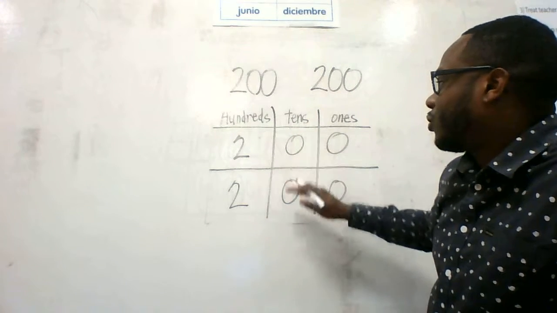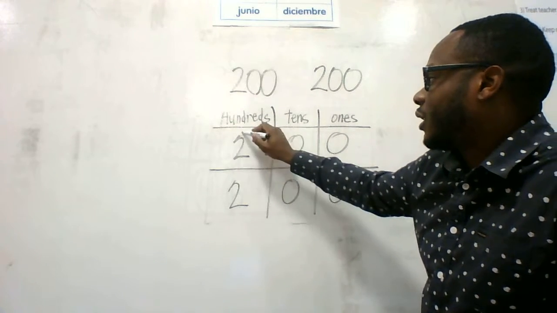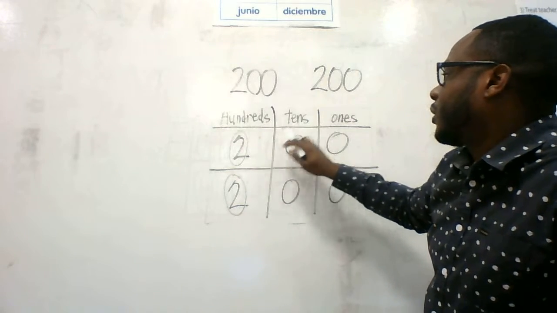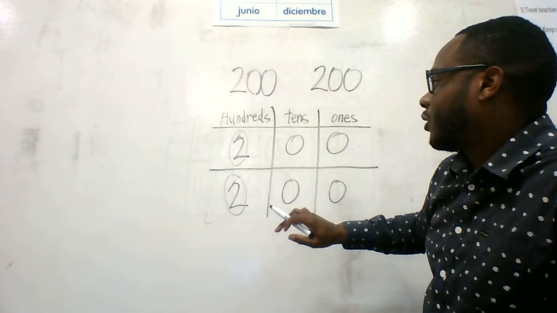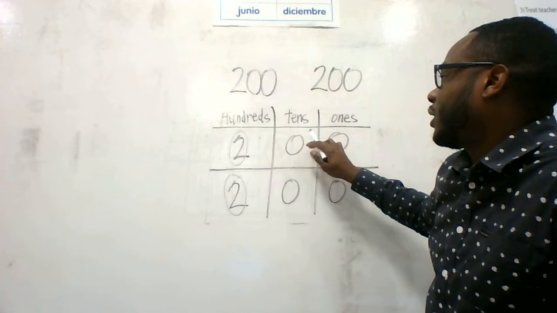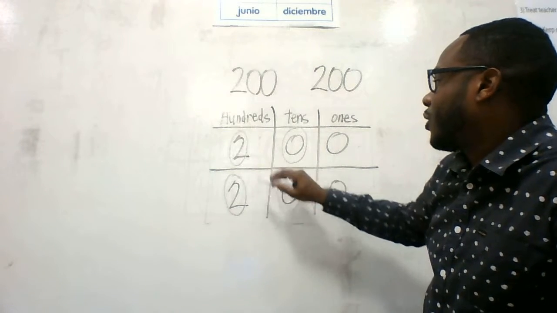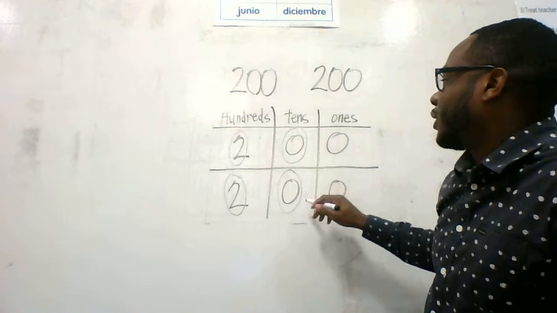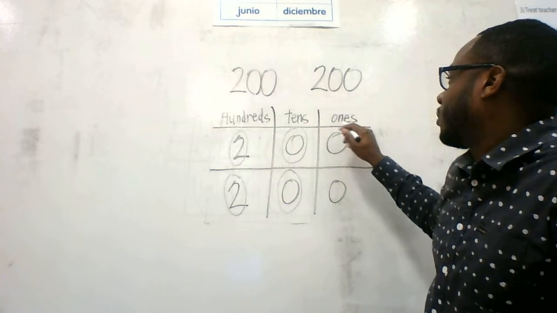We compare the two, and we see, when you look in the hundreds place, 2 and 2 are the same. We go over to the tens place because we can't tell which one is greater by looking at those place values. We see that they both have 0. So far we have the same numbers for hundreds and tens, so we can't tell which one is greater, which one is less. So we go over to the ones place.